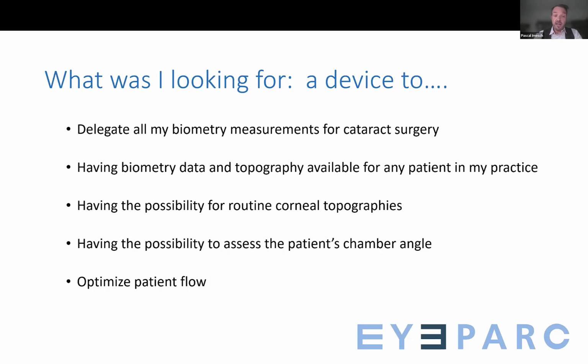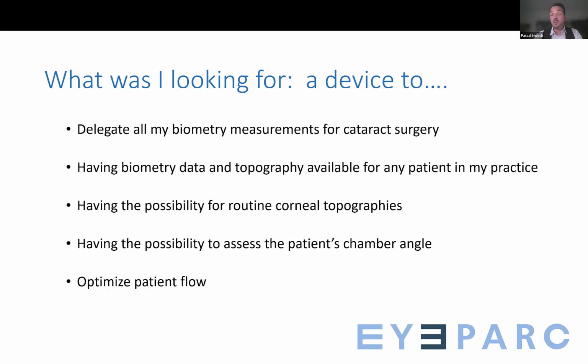I also wanted to have biometry data and topography data available for any patients, not only for specific cataract patients. I'm thinking about my myopia management also. I wanted to have the possibility for routine corneal topographies for any patients, just to screen for any irregularities of the cornea.